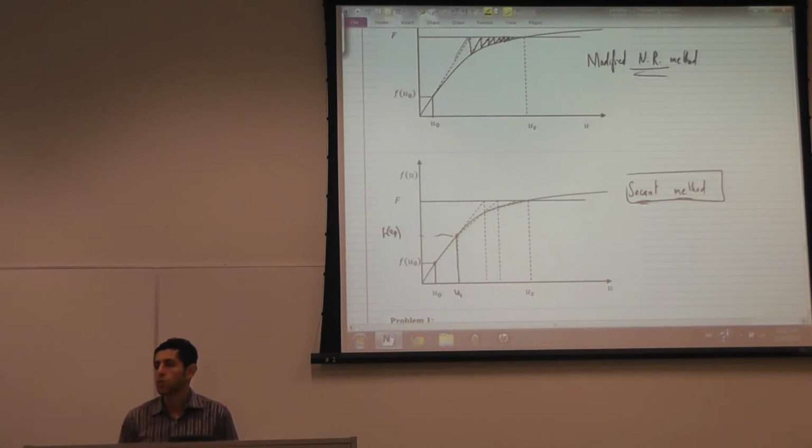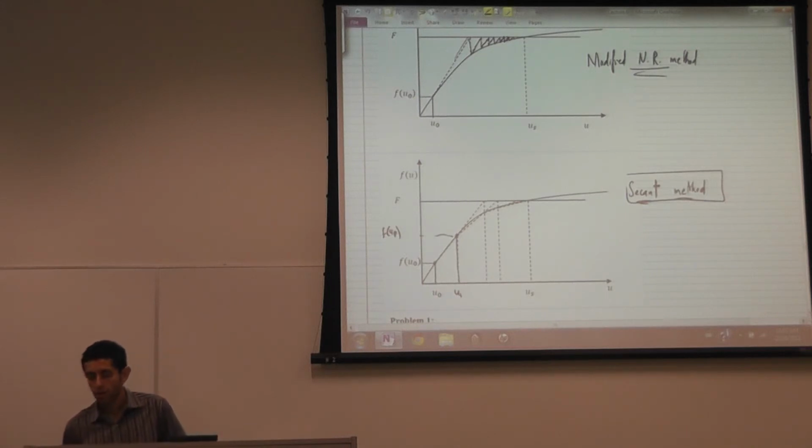You approximate the slopes using differences. And so this is another method that's called the Secant method, for problems where it's not easy to calculate the derivatives.